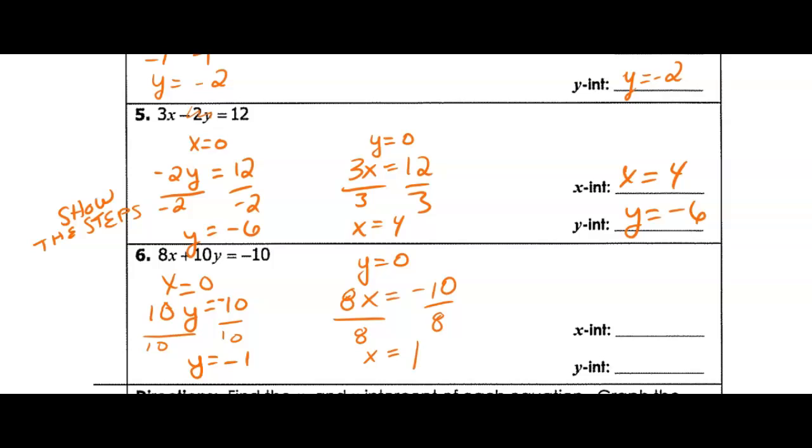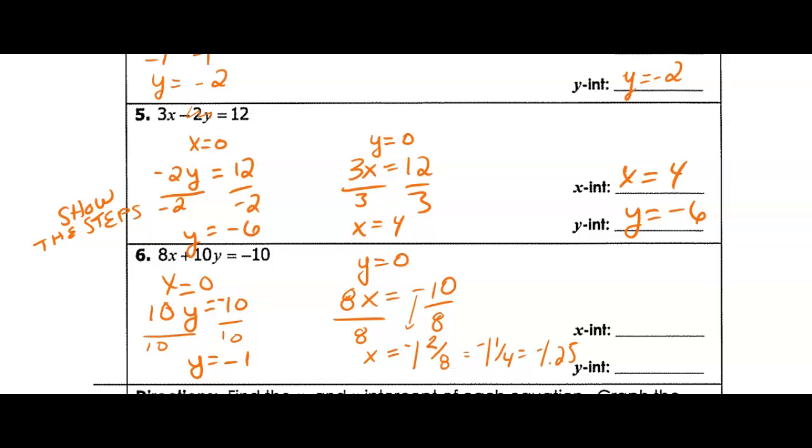It goes in there 1 time. And how many is left over? 2 out of a possible 8. And of course my negative sign drops down. That would reduce to negative 1 1/4. Or if you did it on your calculator, negative 1.25.